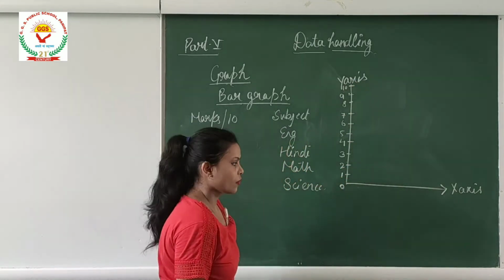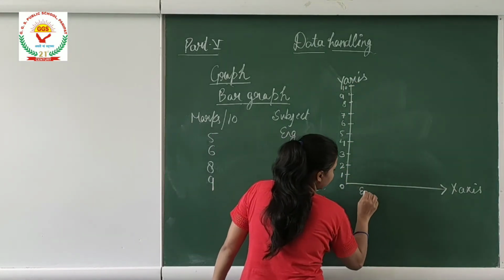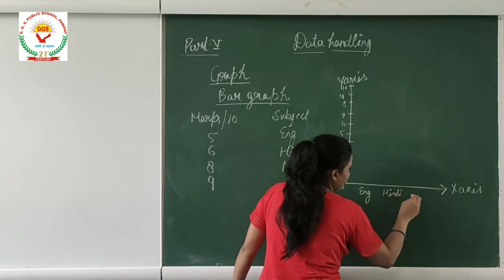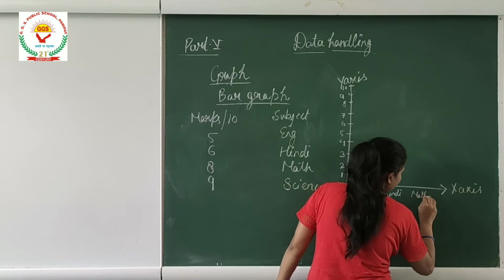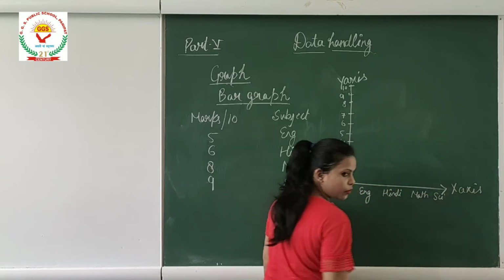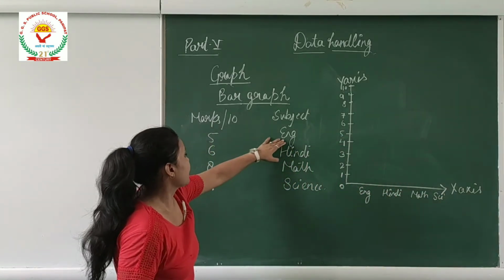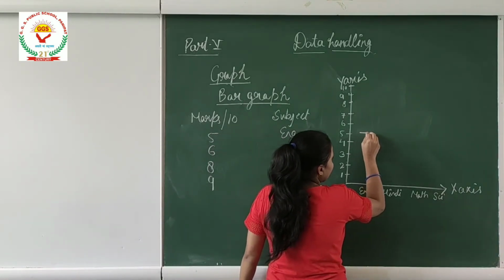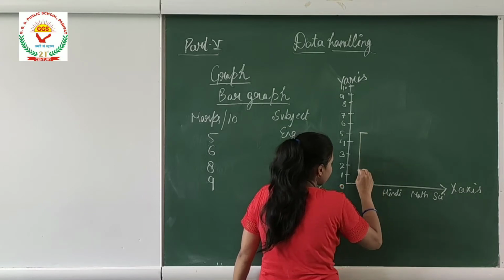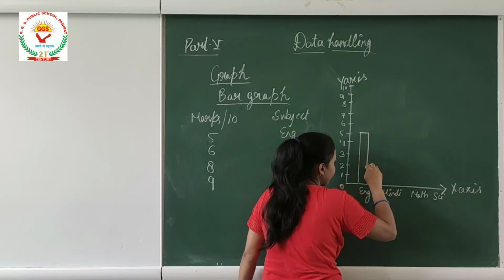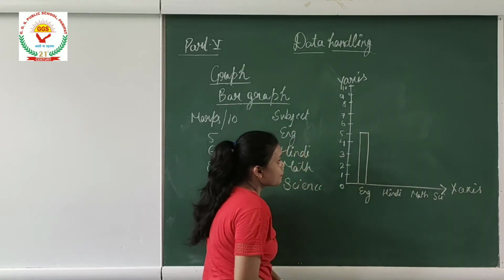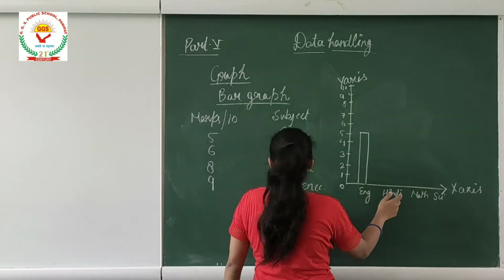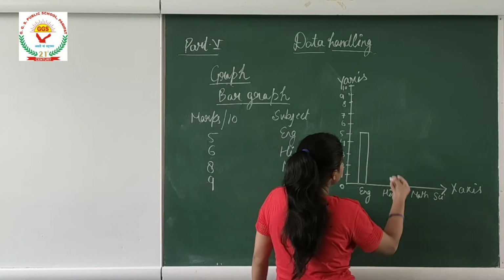Here English, Hindi, Math and Science. So we have English 5 marks. How will we represent it? Here English consists of 5 marks. We will represent 5 marks in the form of a bar. Next Hindi. Hindi has 6 marks.